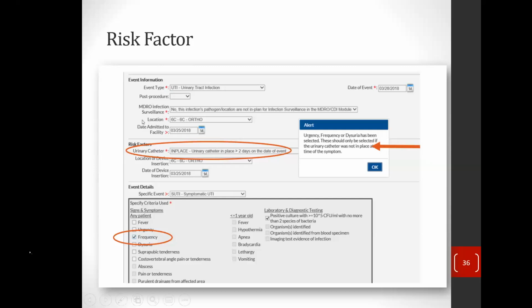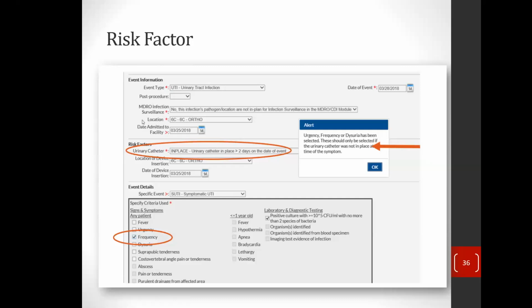And when you look at this, under risk factors, I got a red circle around there. It says urinary catheter, and you would put in place for it because it met that definition. It was removed on the day of the date of event. So it would be considered an in-place catheter.